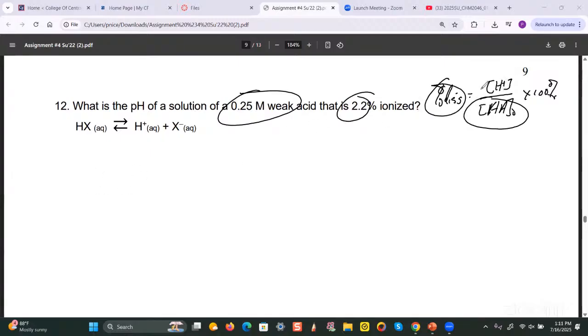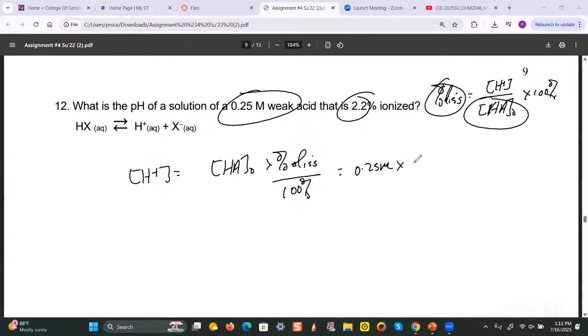So basically, we can rearrange this equation to get the concentration of H plus equals the initial concentration of HA times the percent dissociation divided by 100%. So that would be 0.25 M multiplied by 2.2% divided by 100%.